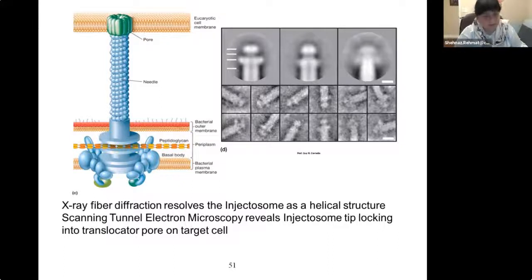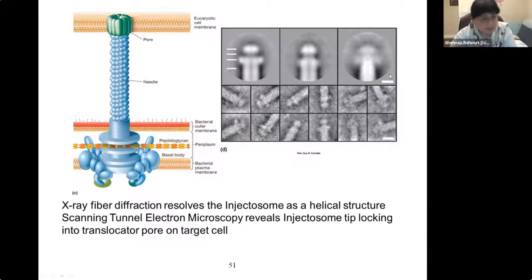Now, by using scanning electron microscopy, this injectosome, as we call it, because it injects the toxin straight from the pathogen into the host, you can see that there is a tip of the injectosome that locks into the translocator pore on the target cell.